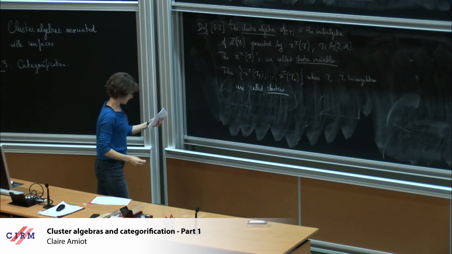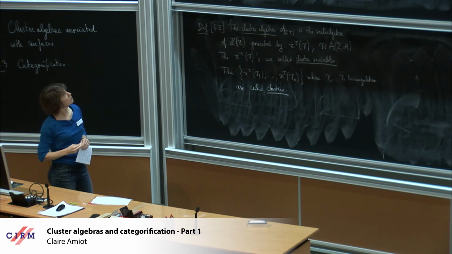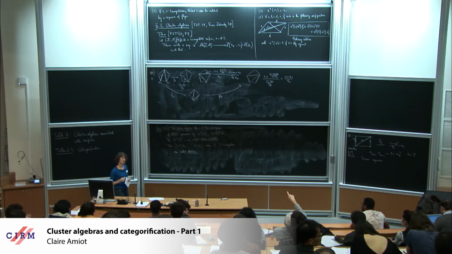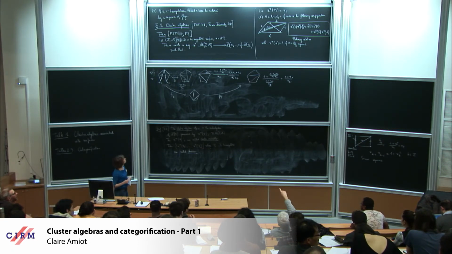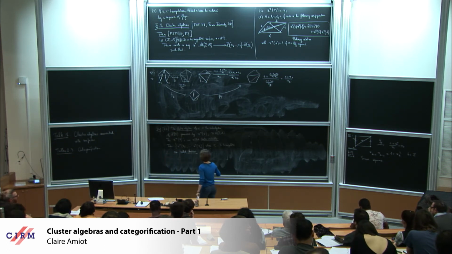Okay. By condition one, x tau of tau i is xi. So I don't see how this algebra is different from the... It contains more. In this example, you can see it also contains 1 plus x2 over x1. Yes, but for each triangulation, you have a cluster.